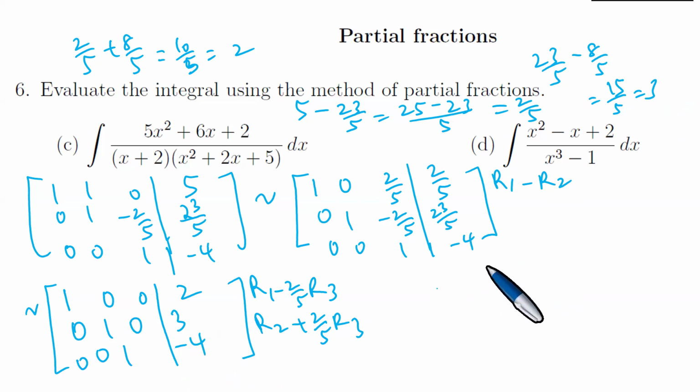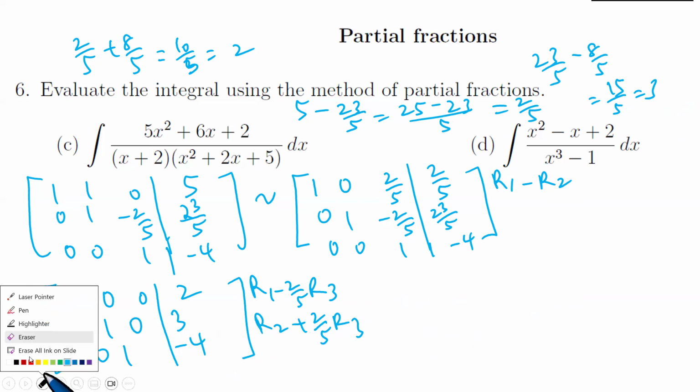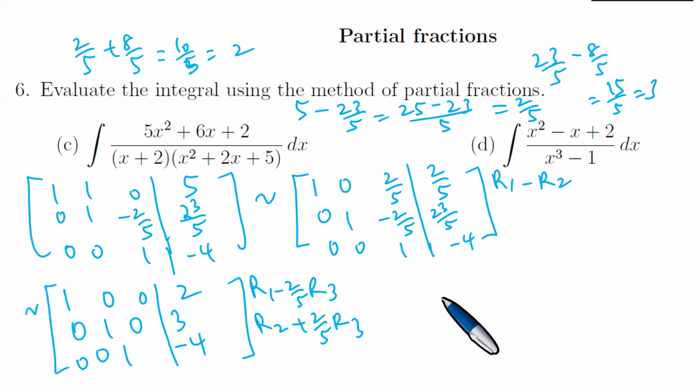Okay, with this mentioned, it means therefore you have the following, right? So it means that A is 2, B is 3, C is -4. So A is 2, B is 3, and C is -4.